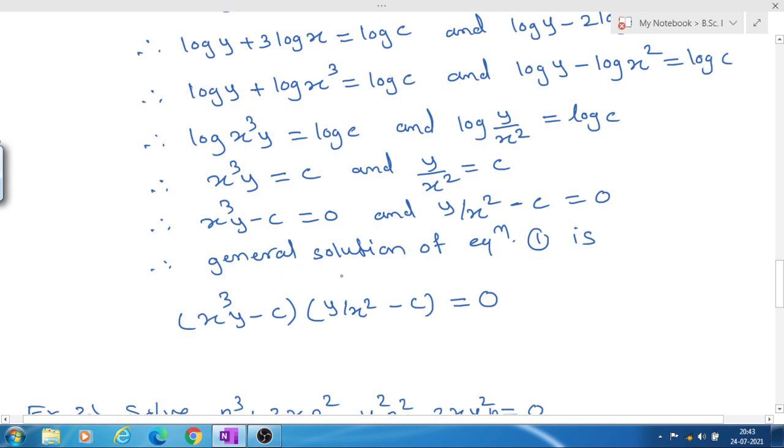Therefore the general solution of the given differential equation is the product of these two solutions. So x cube y minus c into y upon x square minus c is equal to 0. So this is our solution. So in this way we can solve the given equation by factorizing and then integrating. So we stop here.